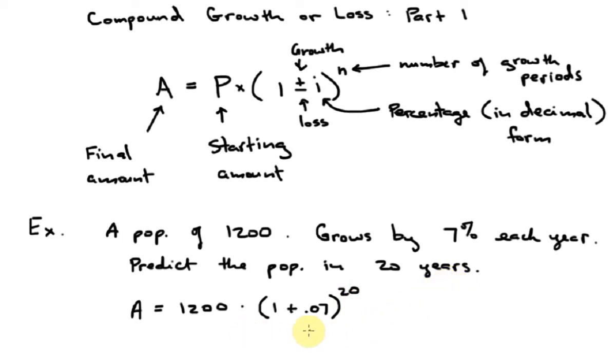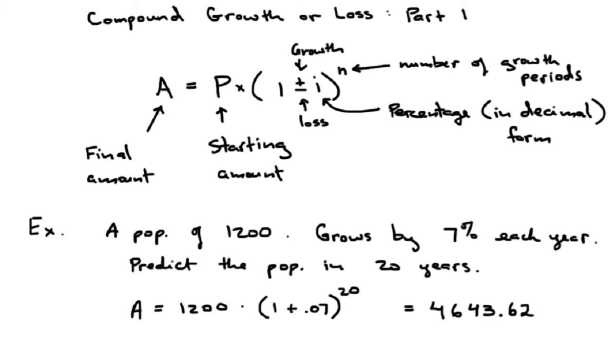Once you set this up, you get your calculator and plug it all in, especially if you're clever about using brackets. You should get 4,643 and some decimals. Usually we go to 2 decimal places, so 0.62. That's my predicted population in 20 years.